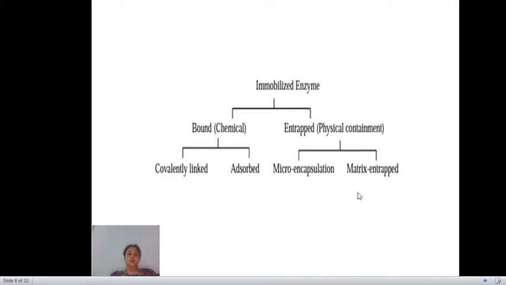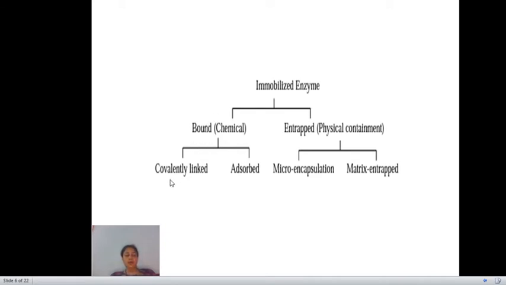So when we immobilize enzyme, we can do it in two ways. Either we attach it to a surface, meaning a carrier material, and this attachment is basically because of formation of a chemical bond.